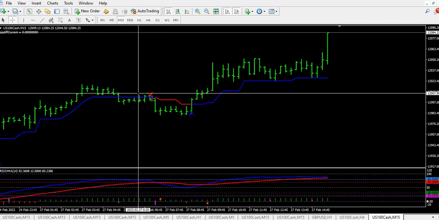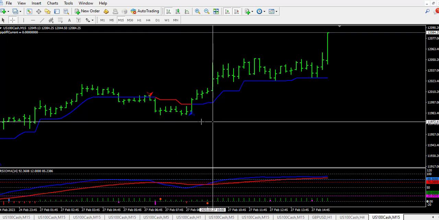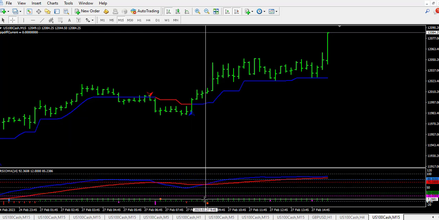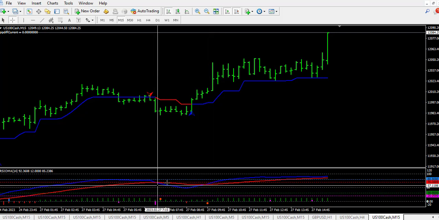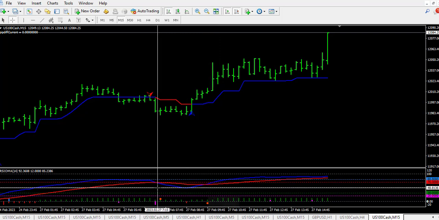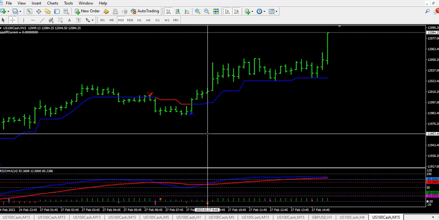And we have this arrow indicator also: red is for sell and blue is for buy. And the last indicator in the indicator window is an RSI OMA indicator. When the blue is above the red, it is a buy, and when the red is above the blue, it is a sell signal. So it's as simple as ABC, and anyone can use it.